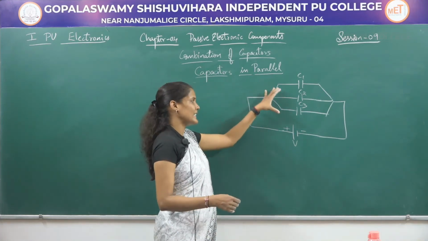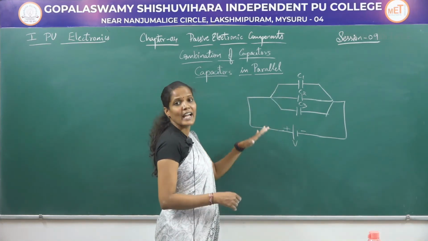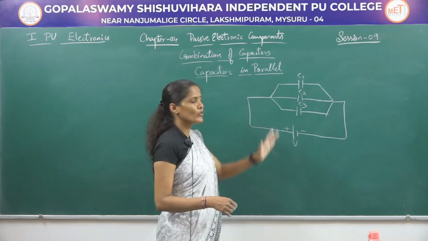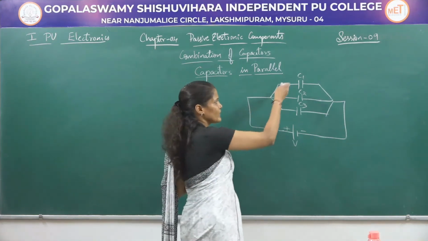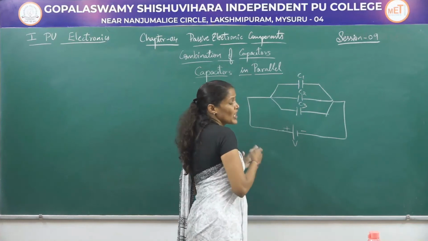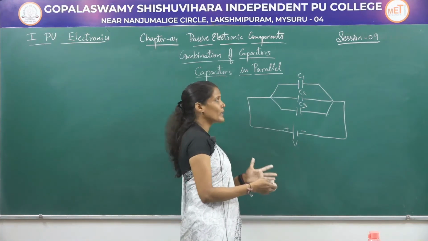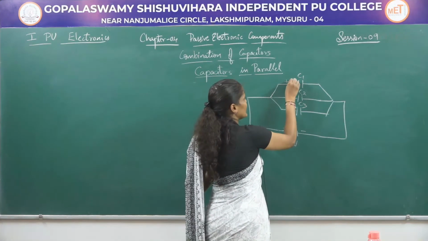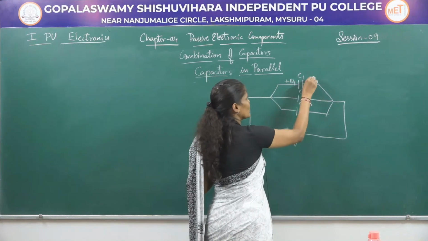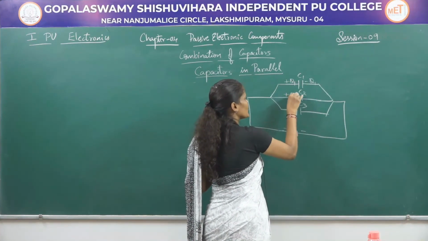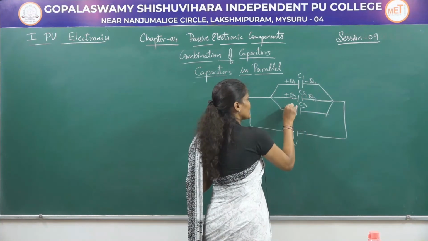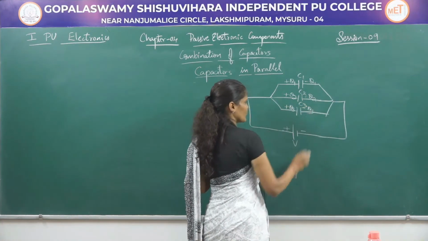Since the current is different for different branches, the charges on these capacitors will also be different, and let us denote those charges as plus Q1 minus Q1, plus Q2 minus Q2, plus Q3 and minus Q3.